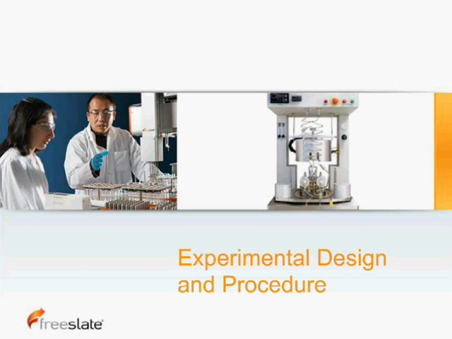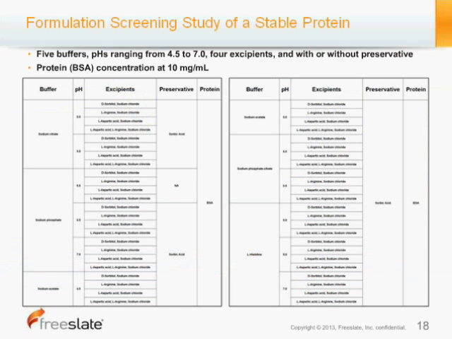I realize these are relatively small tables, but the point to show here is that we've used several different buffers, 5 buffers, and different pHs ranging from 4.5 to 7, 4 excipients with and without preservative, and we've used BSA at a concentration of 10 mg per mL to emulate some of the activities that are performed in the formulation lab environment.